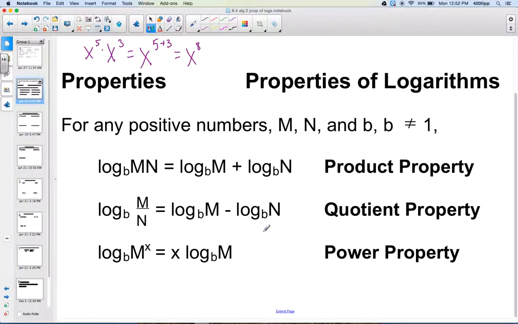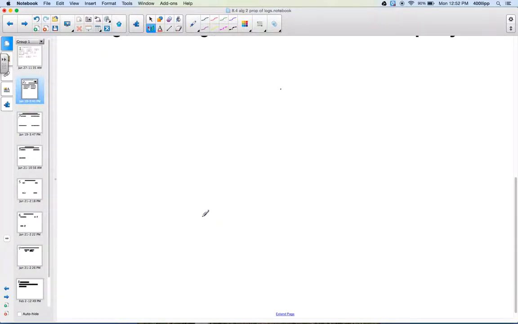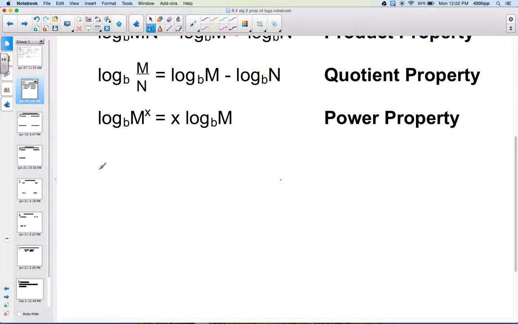Okay, the next property is the quotient property, and that is if we're dividing m divided by n, then we would subtract the logs. For example, if I was going to take the same kind of thing here of x to the fifth divided by x cubed here.